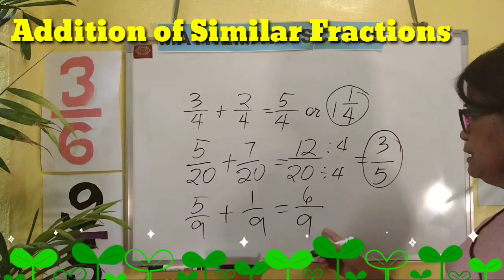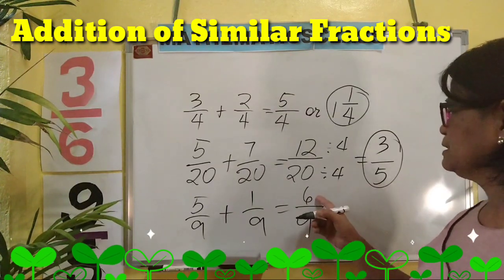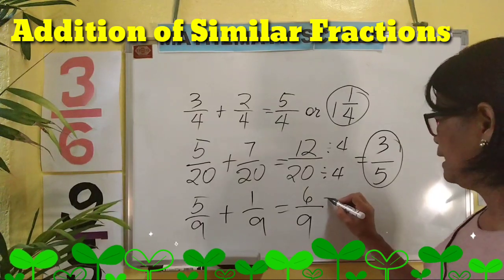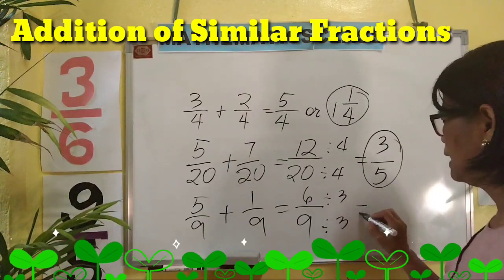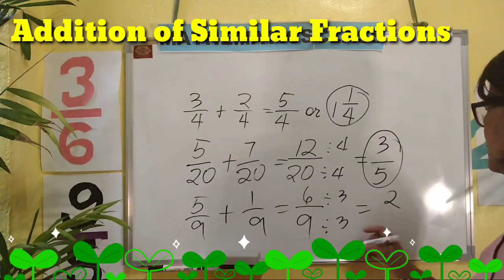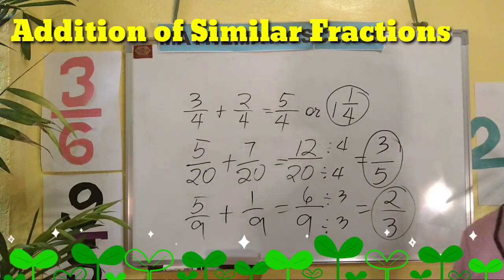The GCF for this is 3. 6 is divisible by 3. 9 is also divisible by 3. You divide. 6 divided by 3 equals 2. 9 divided by 3 equals 3. So, this is your possible answer.